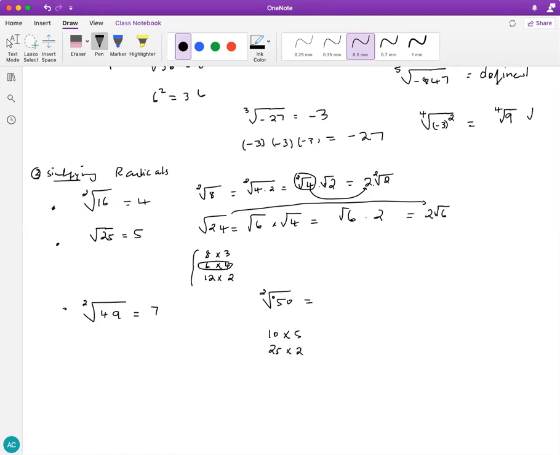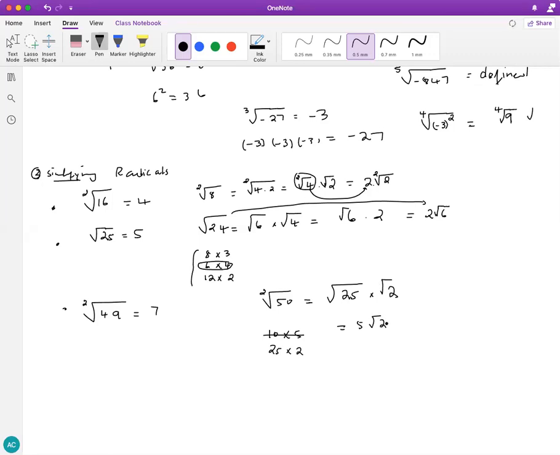Which one would you take to simplify? 25. Exactly. 10 and 5 is not going to help because they don't have a perfect root. This is the best option to choose. So we're going to say radical 25 times radical 2. And of course, the square root of 25 is 5. And this stays.